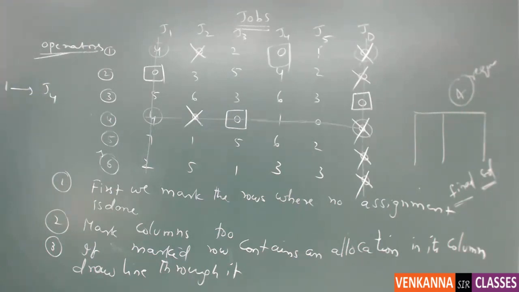Operator 2 gets job 1. Am I correct? And operator 3 gets the dummy job. Operator 4 gets job 5. Operator 5 gets job 2. And operator 6 gets job 3. Is that right in the allocation made?